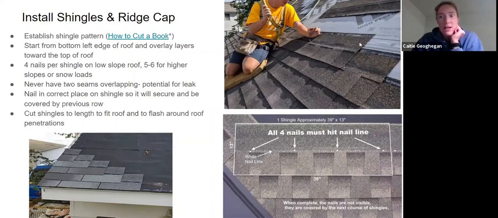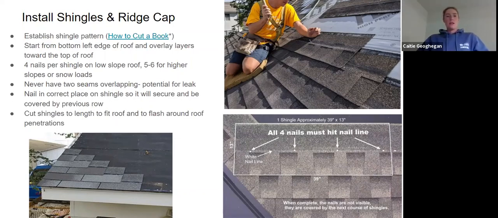The downside to that, and you shouldn't do this, is that I have nails going into 1 layer of shingles. If I nail it on the nailing line, which is where it's recommended, then I'm nailing into this shingle and the one over it and into the roof. So that's helping me make sure all of those layers are tying together nice and tight. Right, so let's see. Yeah, we never want 2 seams overlapping, and we want nailing in the correct place.